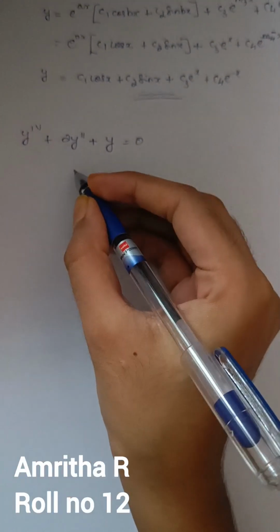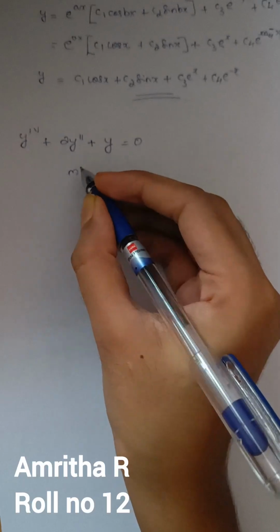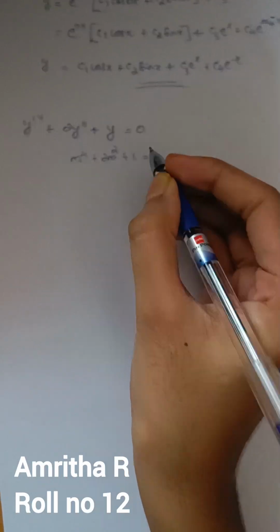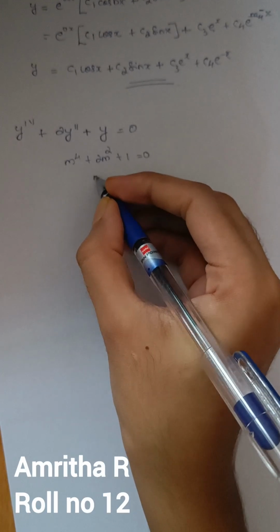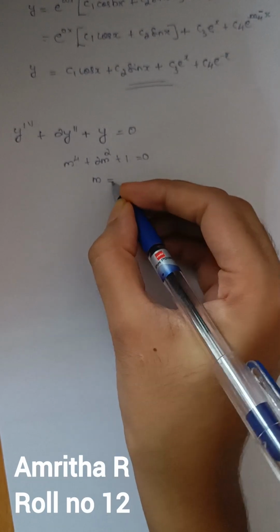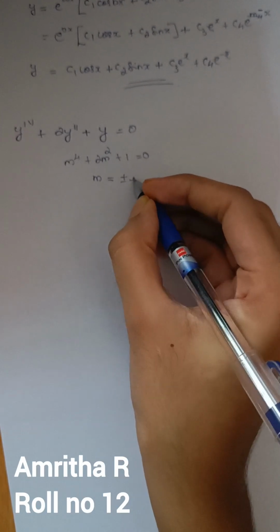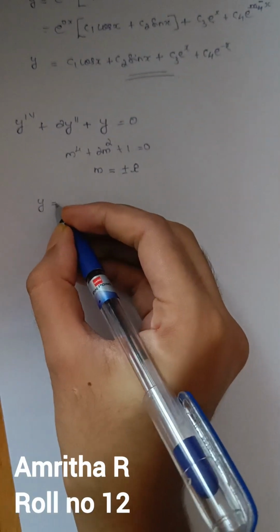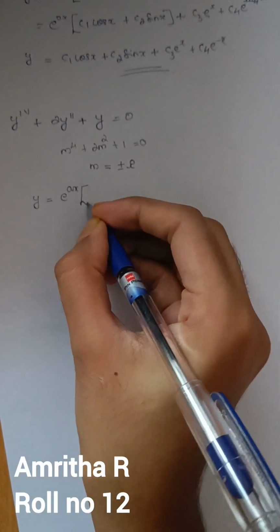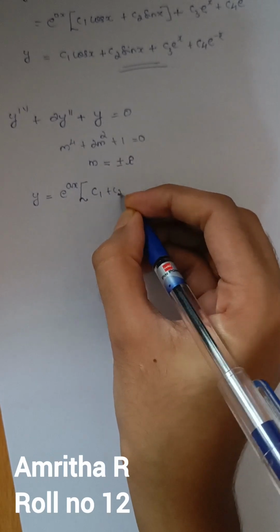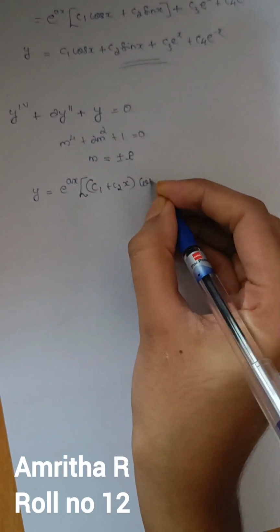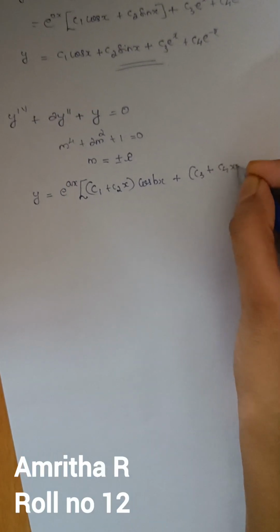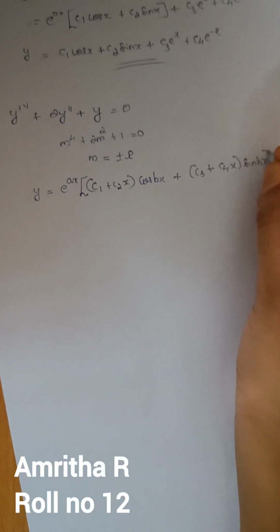Question number 2, y^(4) + 2y'' + y = 0. So write in terms of m: m^4 + 2m^2 + 1 = 0. Finding the roots, m = plus or minus i, each repeated. The general form is y = e^(ax)[(c1 + c2 x) cos bx + (c3 + c4 x) sin bx].